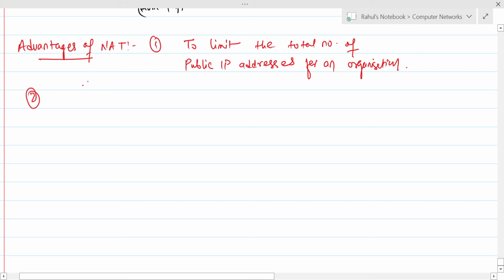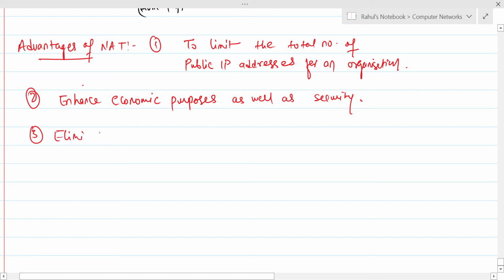The second advantage is to enhance economic purposes as well as security. And the third advantage is to eliminate address renumbering. These are some advantages of NAT, and there are some disadvantages too.